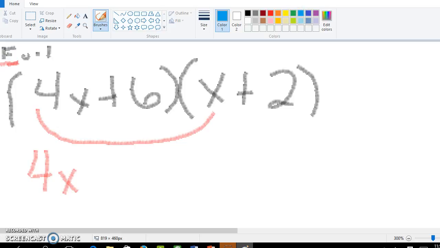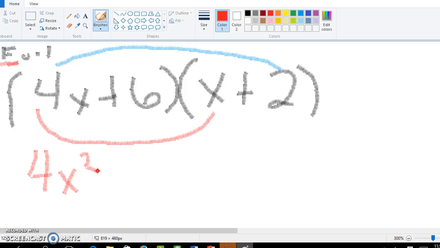Then we're going to take what's called outside. Okay? Outside is anything that is touching parentheses that are not touching anything else. So our outside would be 4x times 2. All right.